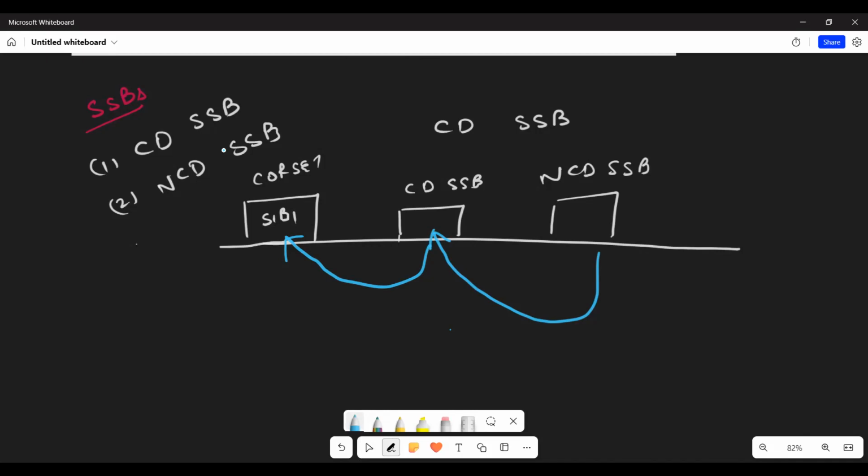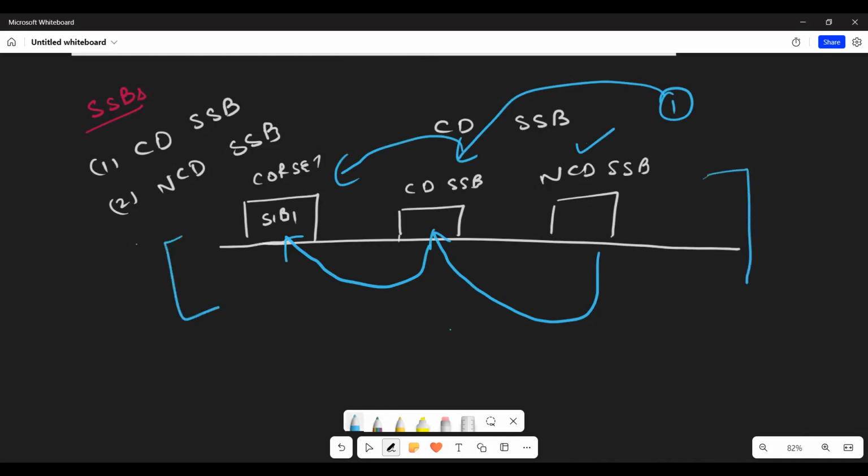In case of non-cell-defining SSB, there is one more step involved: first it will go to the CD-SSB, then again it will decode the location and go to the CORESET of SIB1. So this is basically a high-level overview of how this decoding takes place and how the UE reaches SIB1.